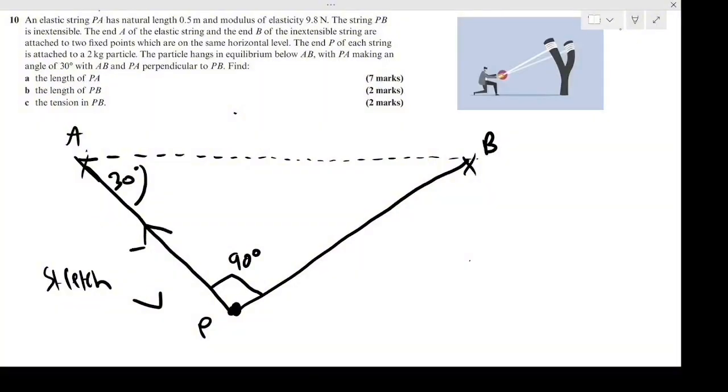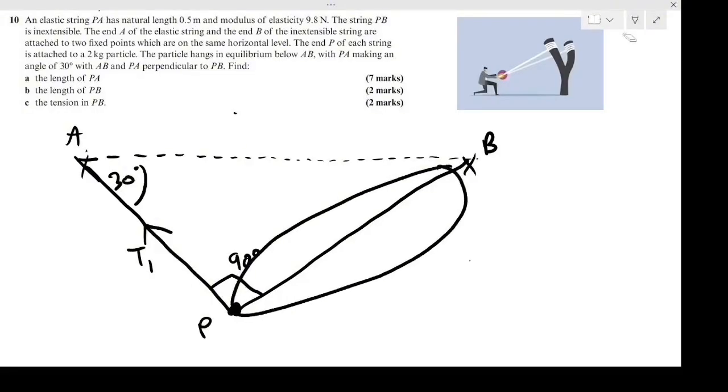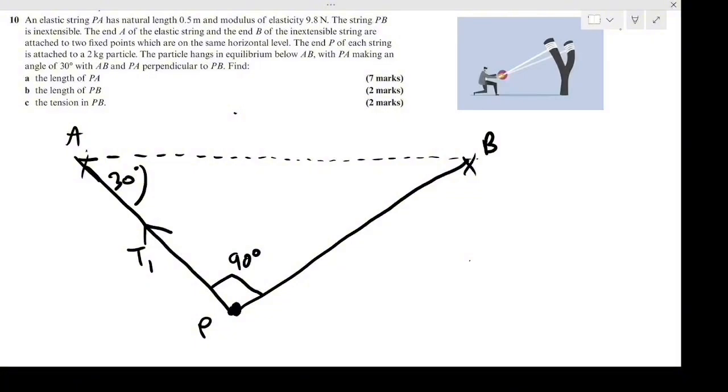I'm going to call that T1. Then likewise for the string PB, from B it's being stretched down that way towards P, so the tension in that string is going to act up towards B. Those are the tensions. Hopefully happy with that.